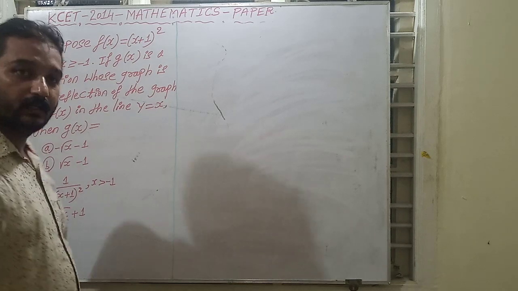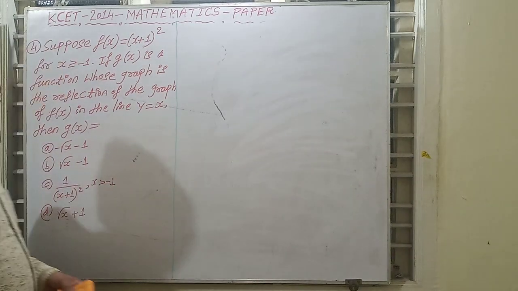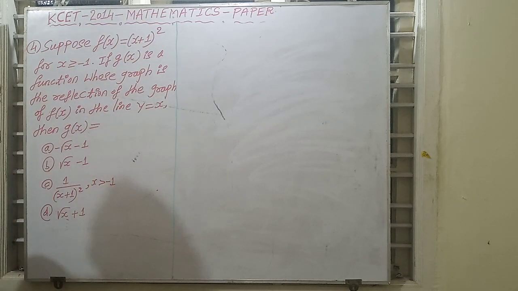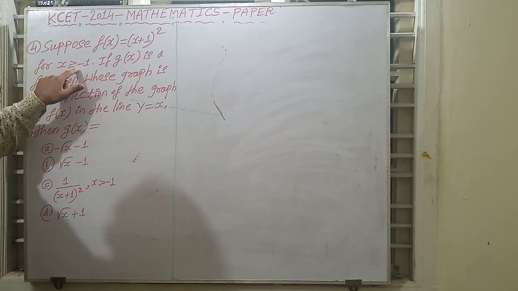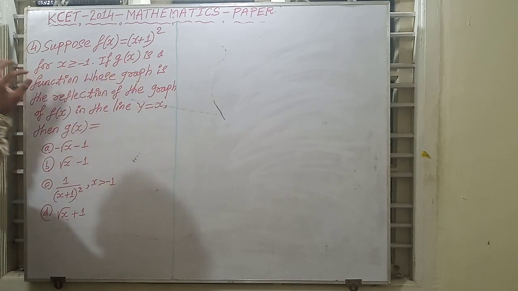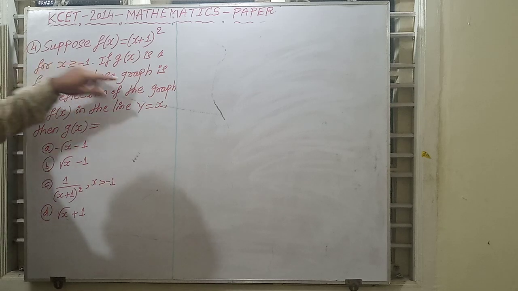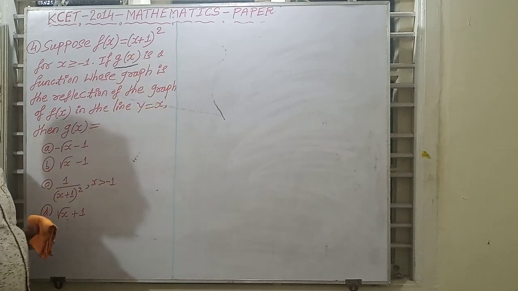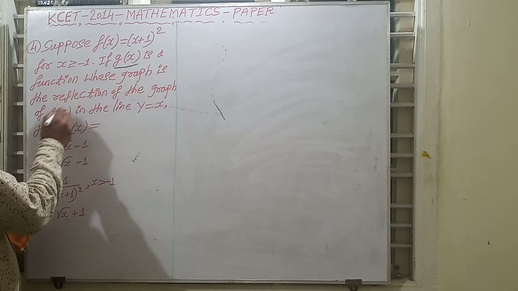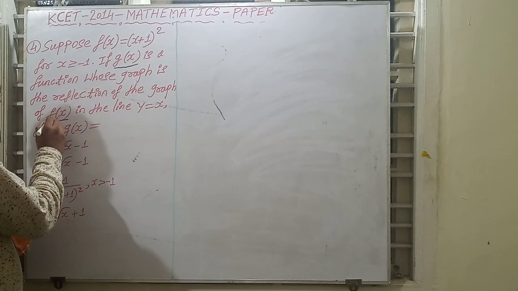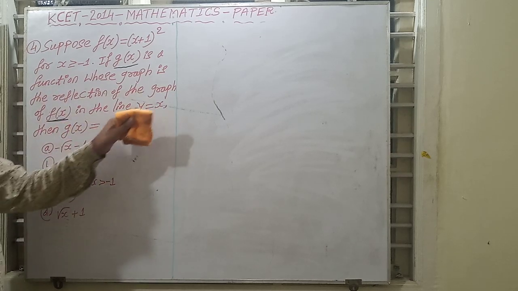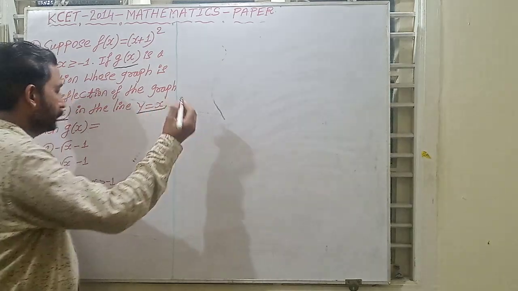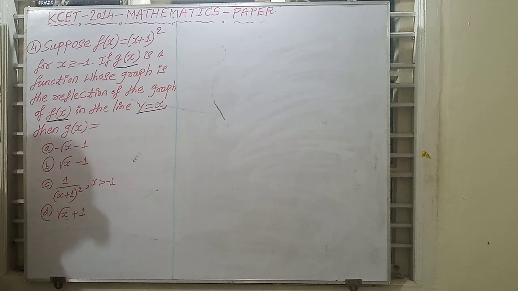So now let us move on to the fourth question. In this question, suppose f of x is given, the function (x plus 1) whole square, for x greater than or equal to minus 1. If g of x is a function whose graph is the reflection of the graph of f of x, reflection in the line y is equal to x, passing through the origin, then we have to find out g of x.